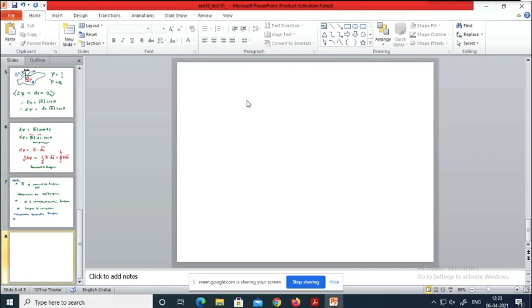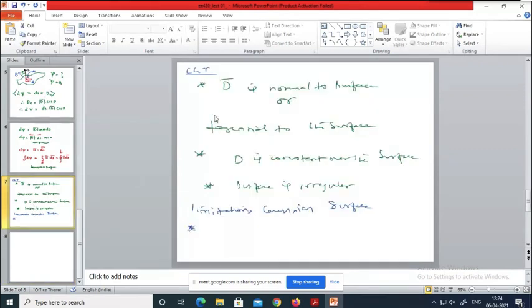What's the second point of the characteristics of Gaussian surface? The second point: D is constant over the surface. That means the flux density should be constant at every point on the surface, where the vector D has to be perpendicular to the surface.